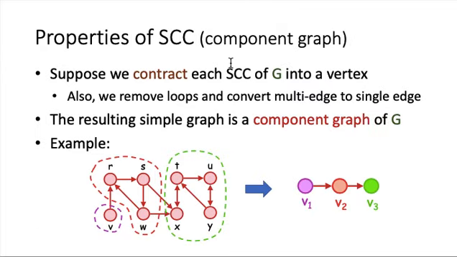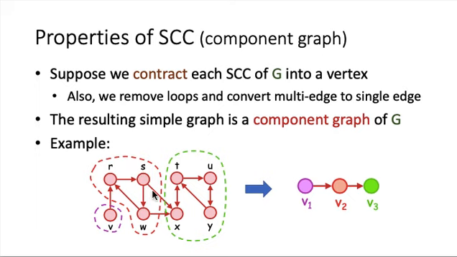Here we are going to introduce a new concept called the component graph. So what do we mean by this? Remember we start with a graph G, and given the graph G, using the mutual reachability relation, we will be able to classify the vertices into groups. Now suppose that we contract each group of vertices into one single vertex.